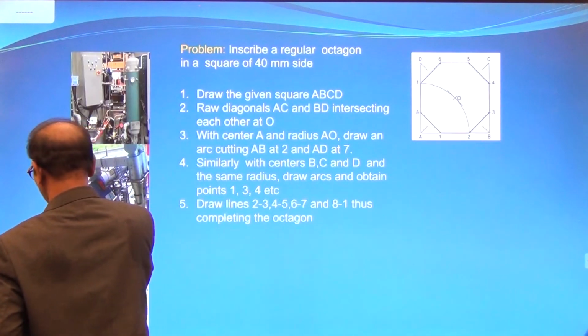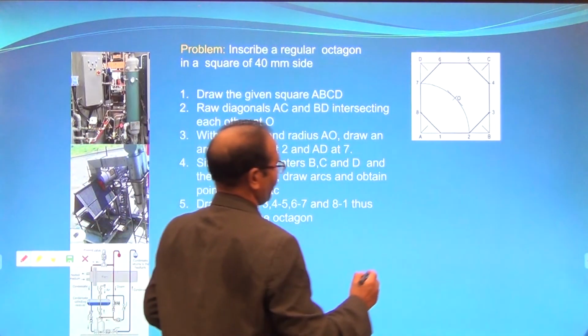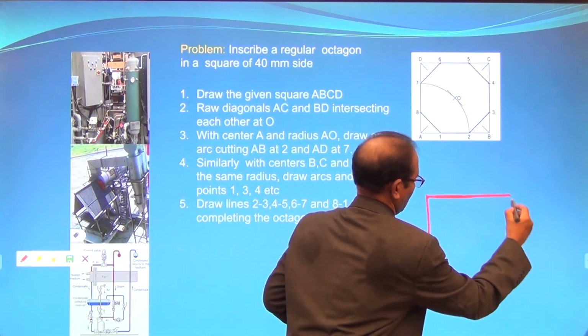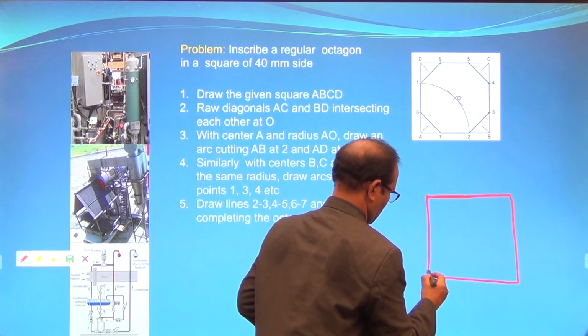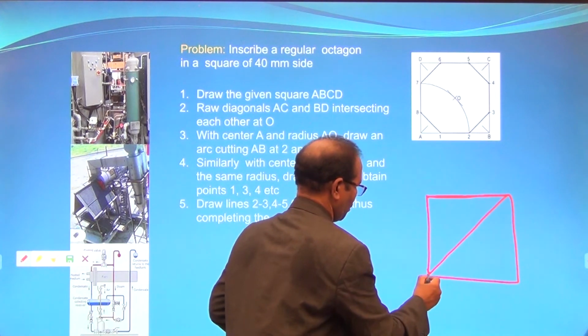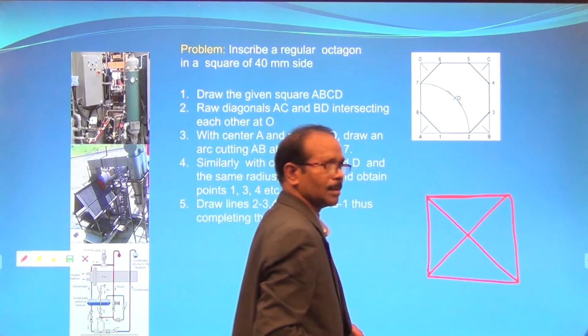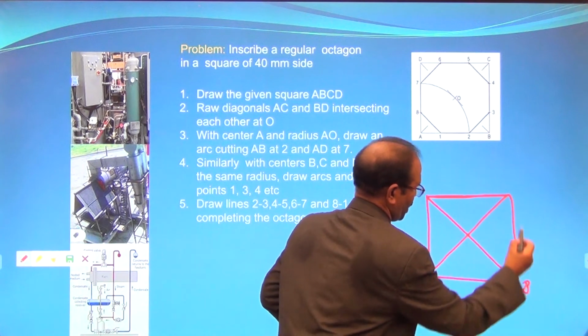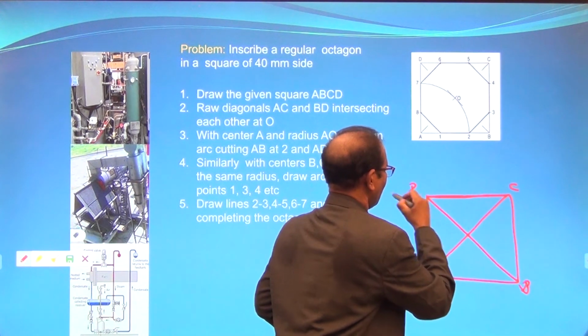Draw the diagonals, and say the corners are A, B, C, D.